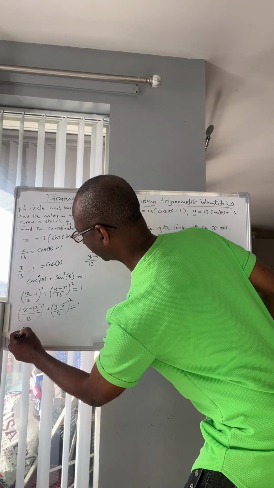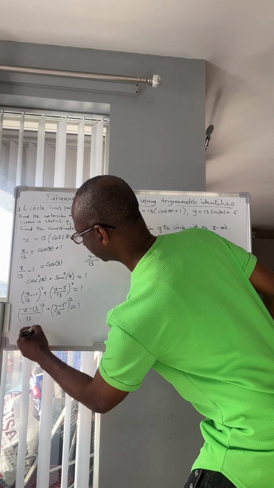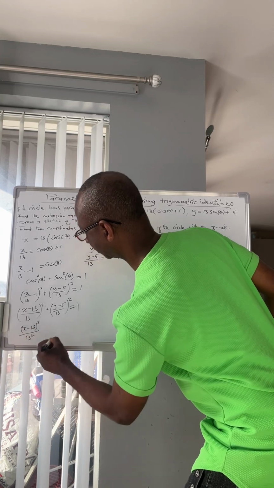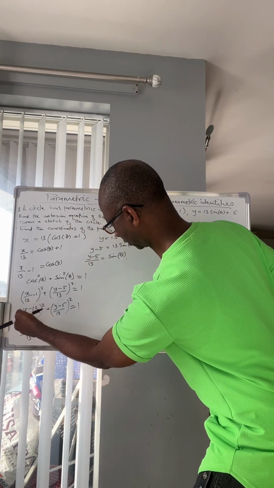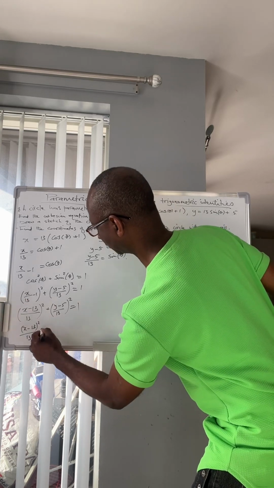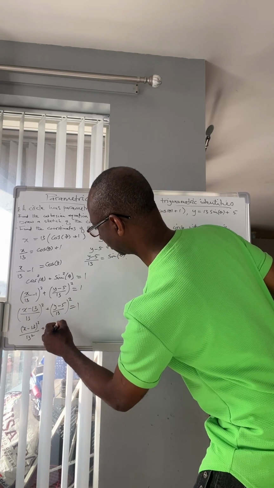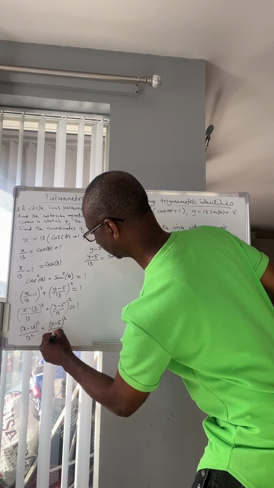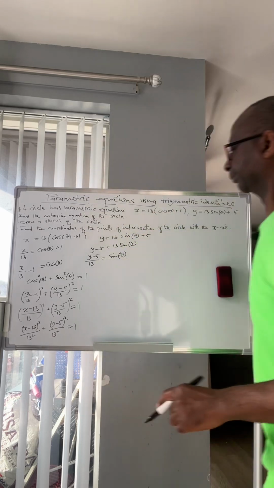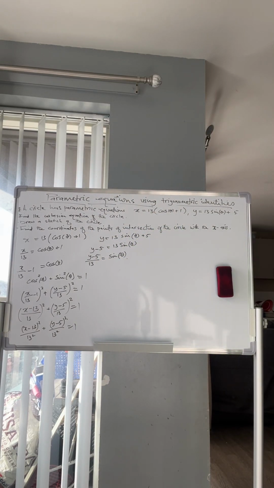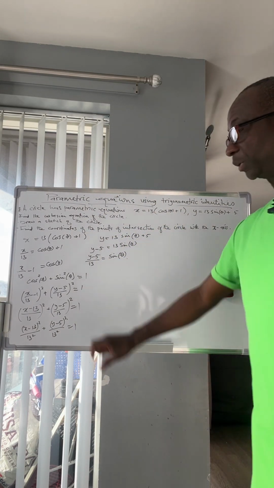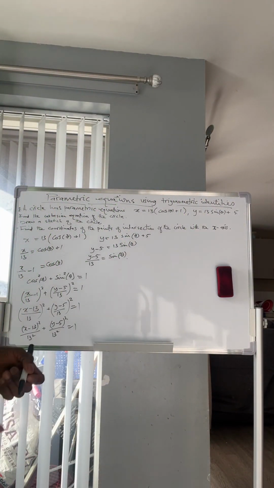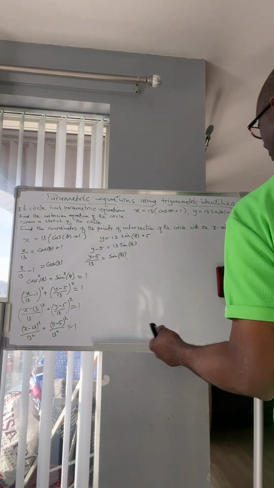So you have x minus 13 all squared divided by 13 squared, plus y minus 5 all squared divided by 13 squared, equals 1. It's the same equation, nothing changed. We're just doing some manipulations to make the answer take the form of a circle.